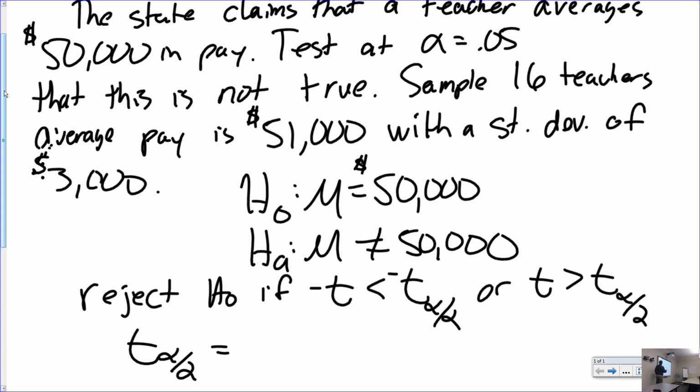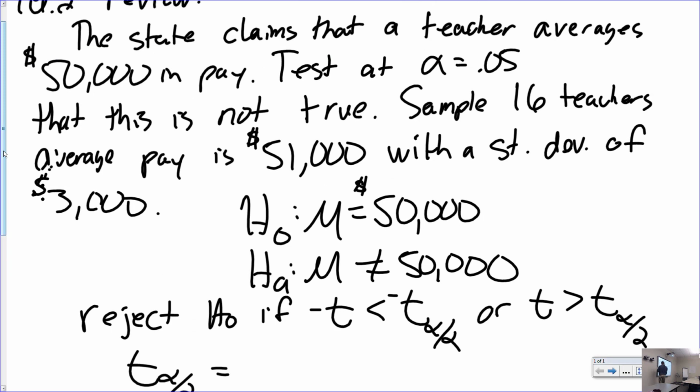The alpha over 2, either way you look at it, just be careful. You can either use 0.05 two tails or 0.025 one tail. You'll note that those are both the exact same column, right there in the middle. 2.131.